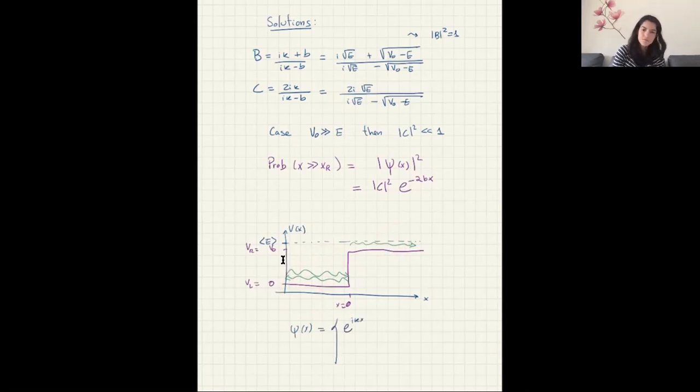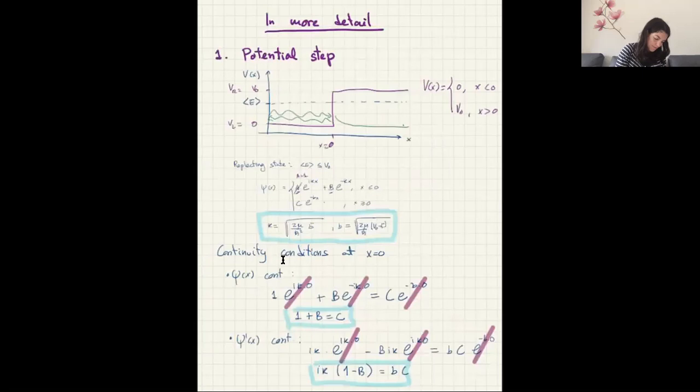We set again a to be 1, sorry, plus b e to the minus ikx for x smaller than 0. c times e to the ik right x for x larger than 0. And again, we have our case being given by those things we saw.